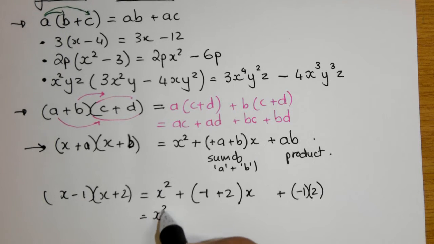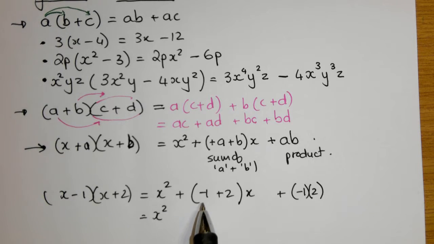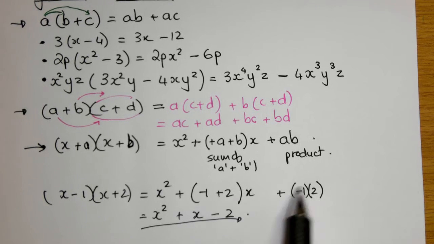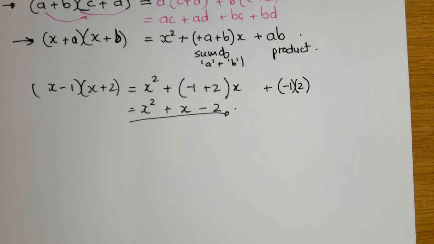So we get x squared. This leaves me with minus 1 plus 2 is 1 times x is x. And over here I've got a plus times a minus is a minus, and I have a minus 2 going. Now you should go straight from there to there.